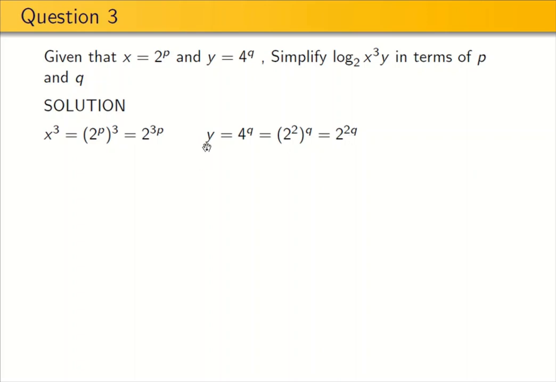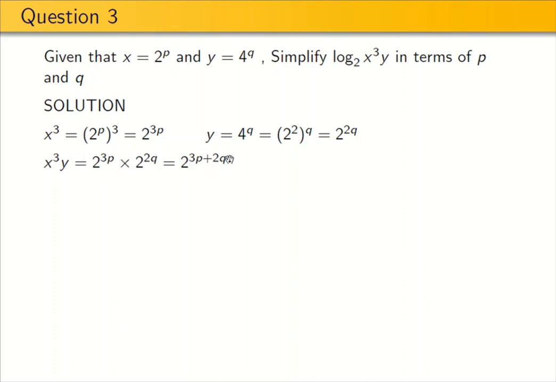Okay, now we are supposed to do this, but I want to simplify everything first before we come and put them here. Now x cubed times y will give me what? Now I do x cubed times y. x cubed is this, and y is also this. So I could just put them together. And then from indices, the product rule, we say if the bases are the same, take one base and you add the powers.